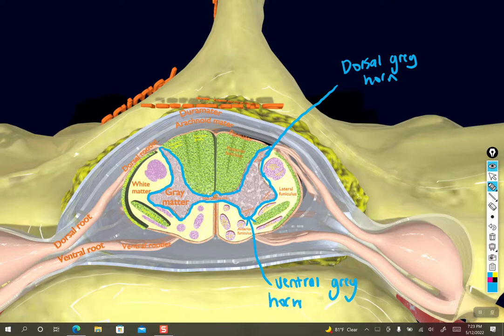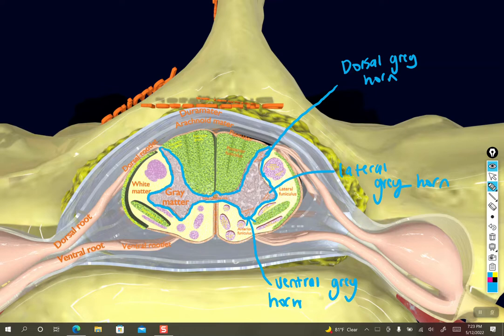So even if you don't have a vertebra, so your spinal cord segment is ex situ, not in situ, you can still tell dorsal from ventral because of the gray horns. There's also a lateral gray horn. So that's some useful anatomy for you.